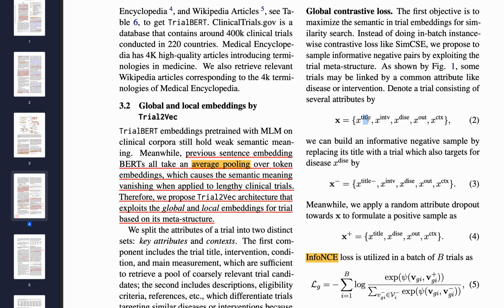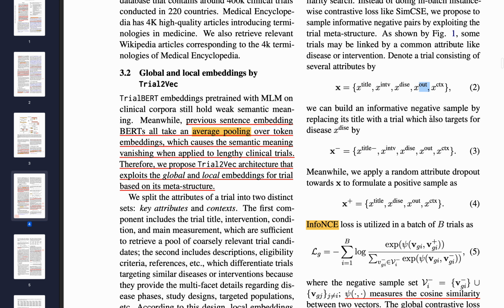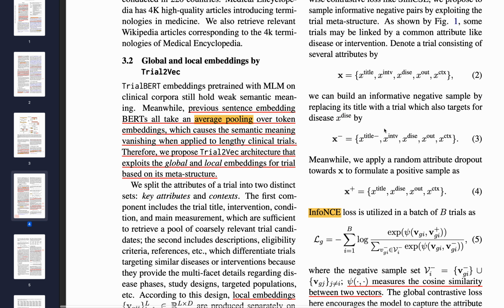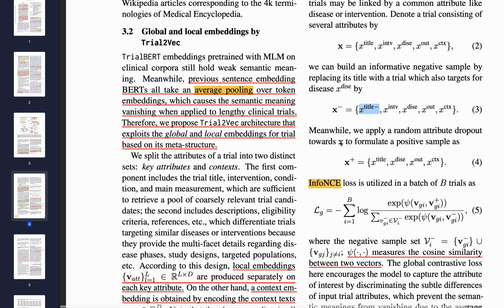It will have these components like title, intervention, disease, outcome, and so on. In order to create a negative sample, the title is replaced. So we have a different title, all same attributes. Title is a key component, so this becomes a dissimilar trial or a negative example.